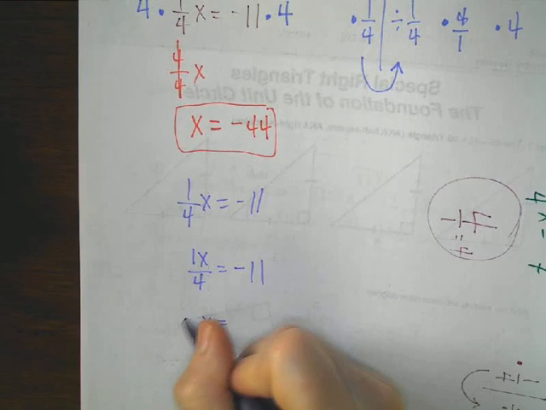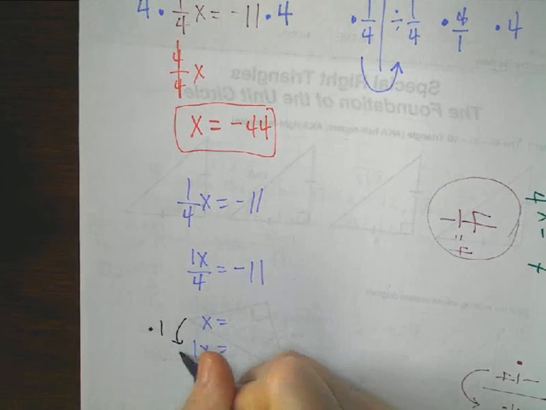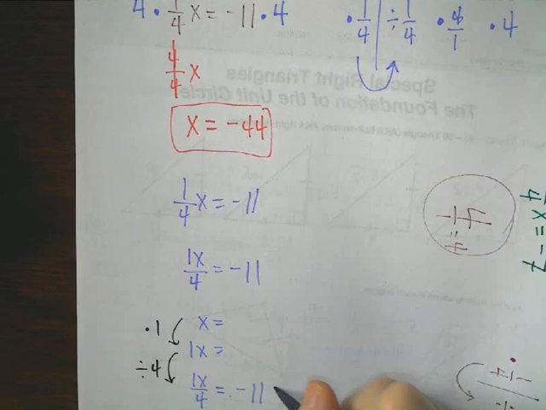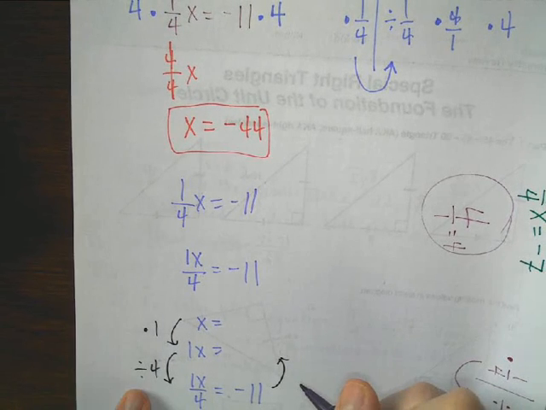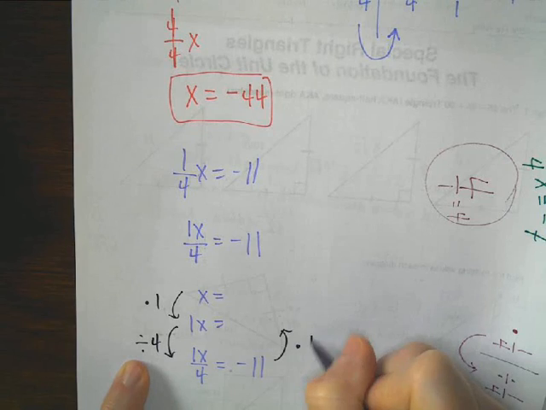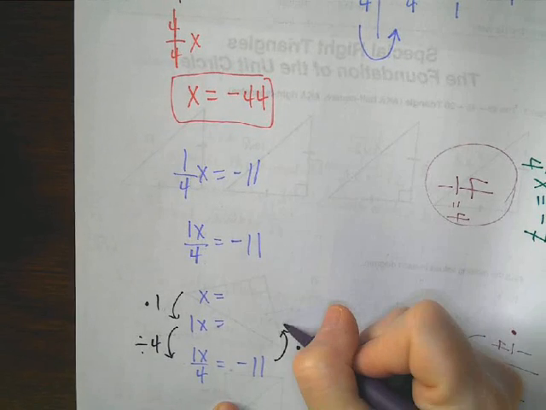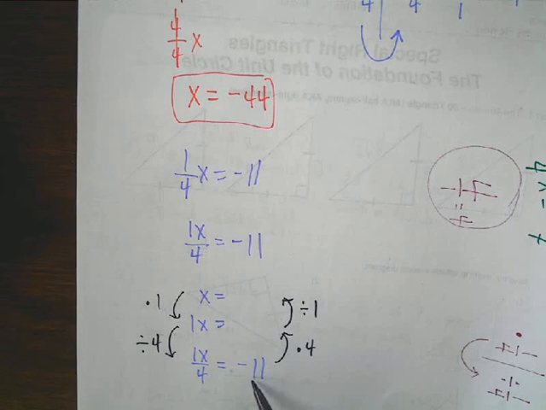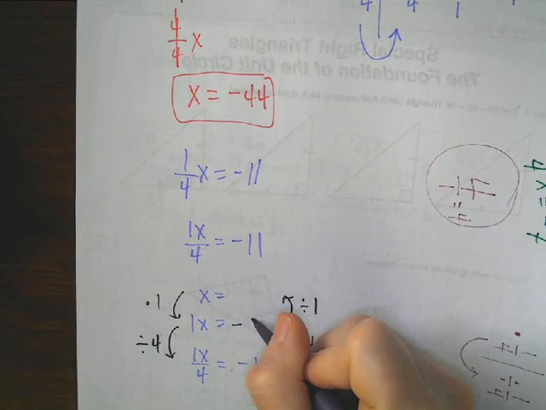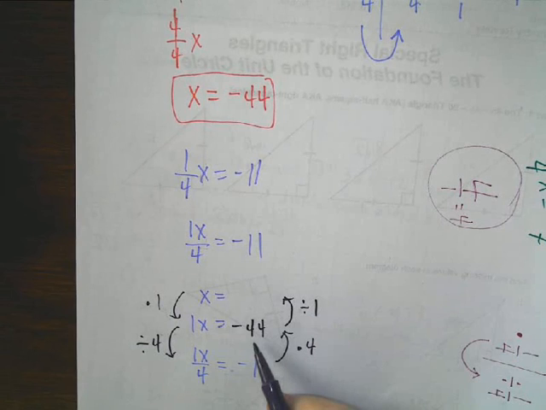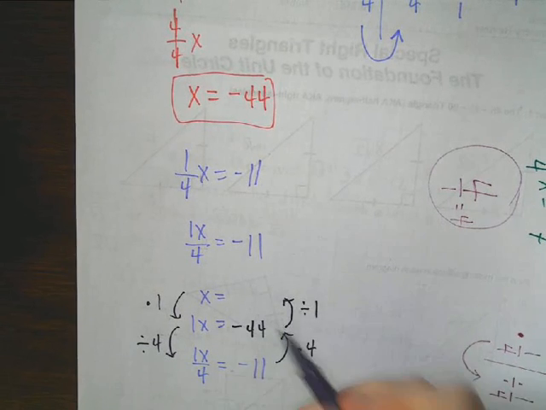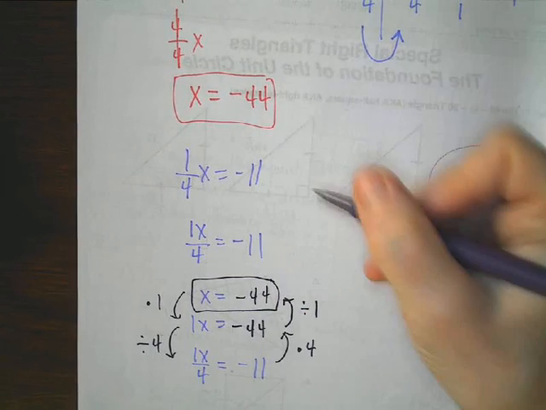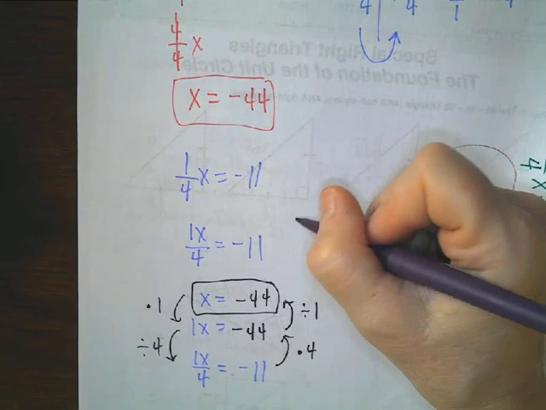I see I'm timesing by 1, then I'm dividing by 4. So the opposite of divide is multiply, and the opposite of times by 1 is divide by 1. Negative 11 times 4 is negative 44. Negative 44 divided by 1 is negative 44. And there it is.